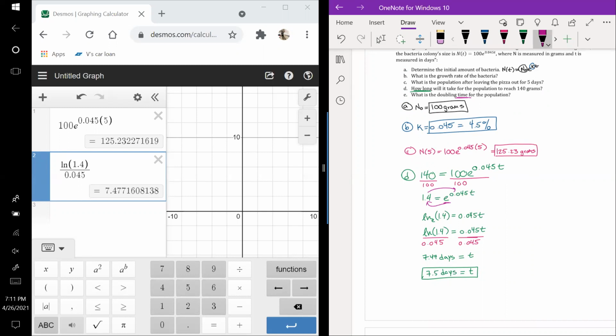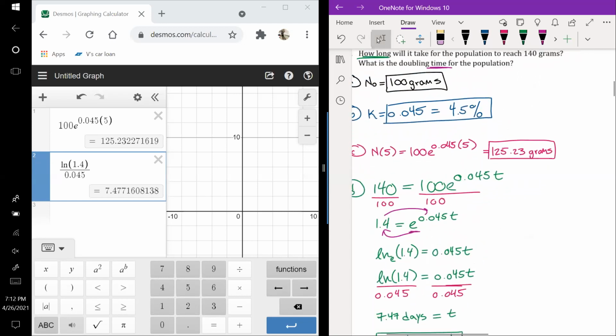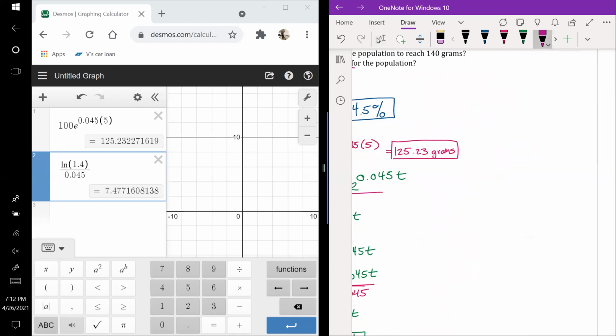So once again, they're giving us the final amount. So this means that for E, we're going to take 200 and set it equal to our equation, e to the 0.045t. And all we have to do again, like the last one, is solve for t.